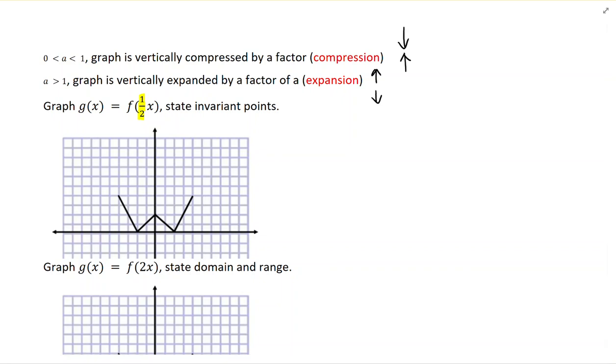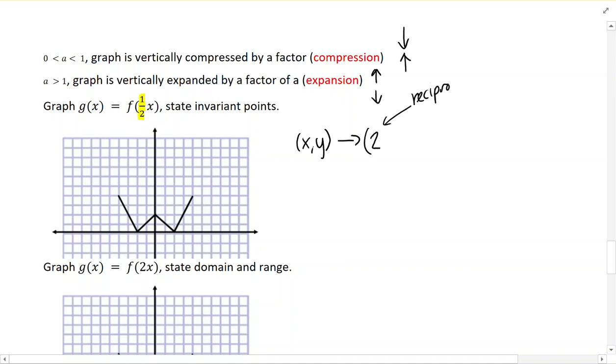What you'll actually have to do is, from your original, take that number and find the reciprocal. So in this particular case, it's 2, the reciprocal of 1 over 2. Just to refresh your mind, reciprocal means you just flip the numerator and denominator.